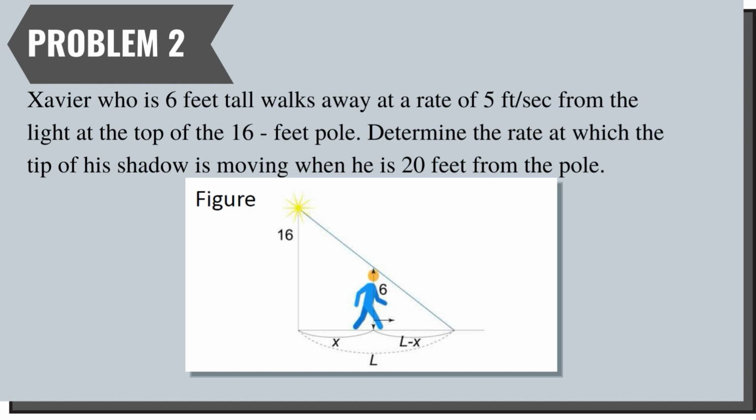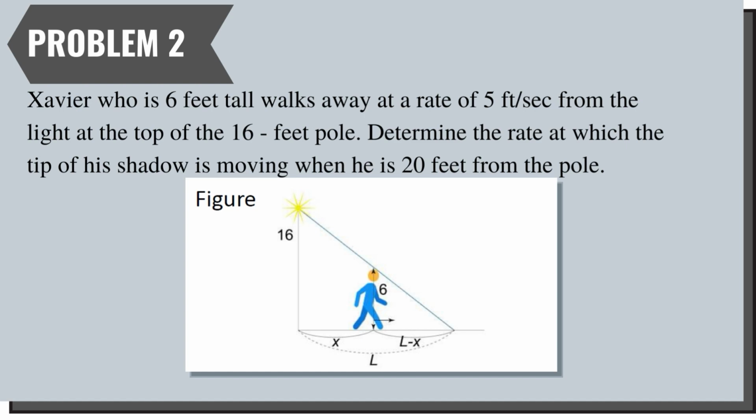Here is the appropriate figure that shows that we can solve this problem using right triangles. In the figure, the distance between the pole and Xavier is represented by x.